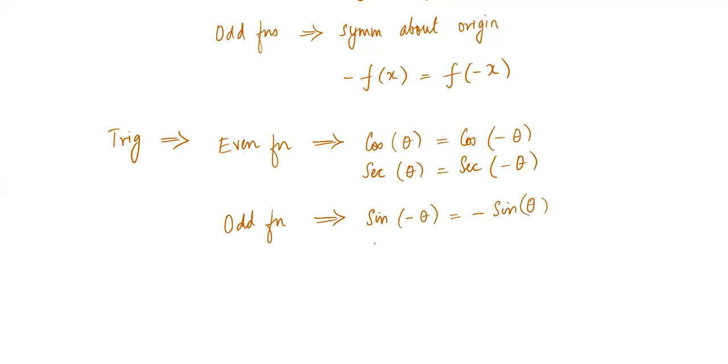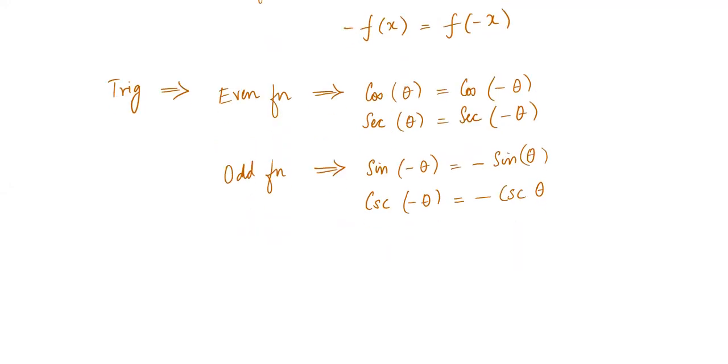We have sine, then its cousin, cosecant, which will behave the same way. So that negative is brought out: negative cosecant theta. And then we have tan. Tan of negative theta is negative tan theta. And its cousin, cotangent: cot of negative theta is negative cot theta.